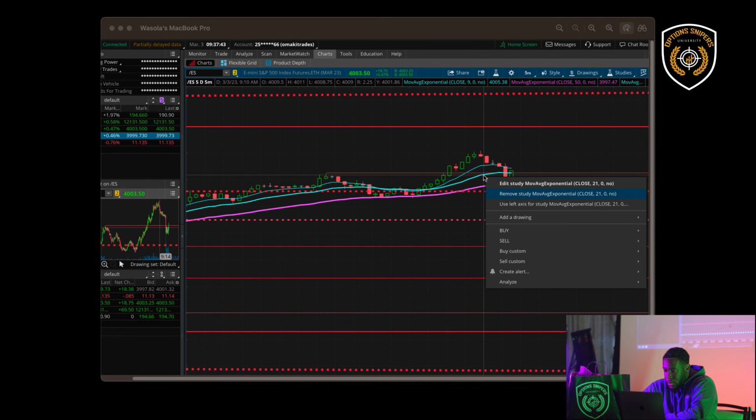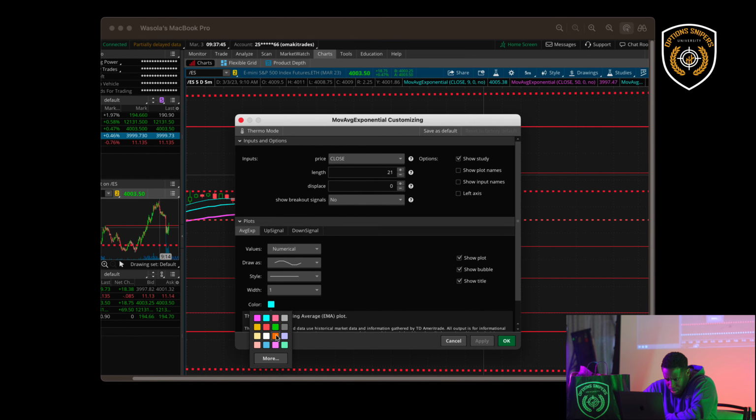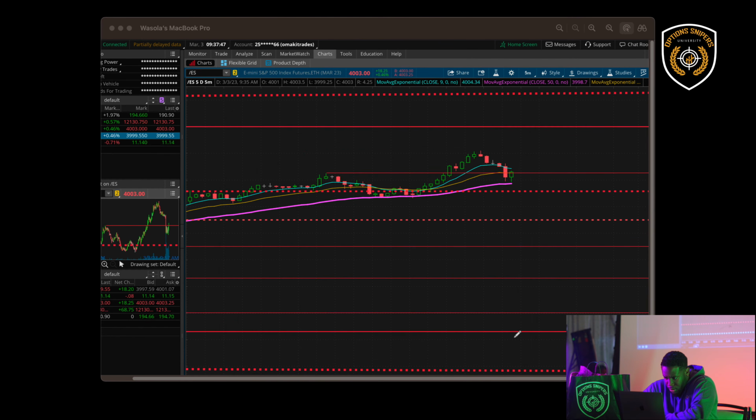Let me change this color actually. All right, so it looks like buyers are finally stepping in. Let's see if we can get continuation. I would like to see us open above this candle here for confirmation, above the 50. Or sorry, this is the 9, above the 9.